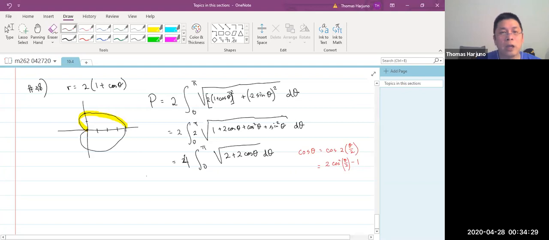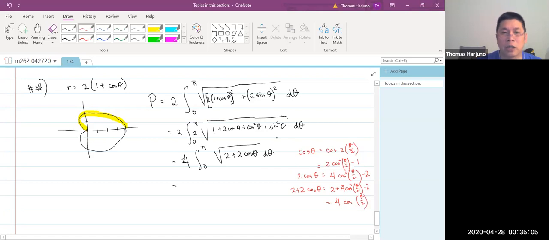Okay, so then the integral now becomes, maybe I play around with that first. So 2 cosine theta will be 4 cosine squared of theta over 2 minus 2. Now 2 plus 2 cosine theta will be 2 plus that ugly guy, which is 4 cosine squared theta over 2.